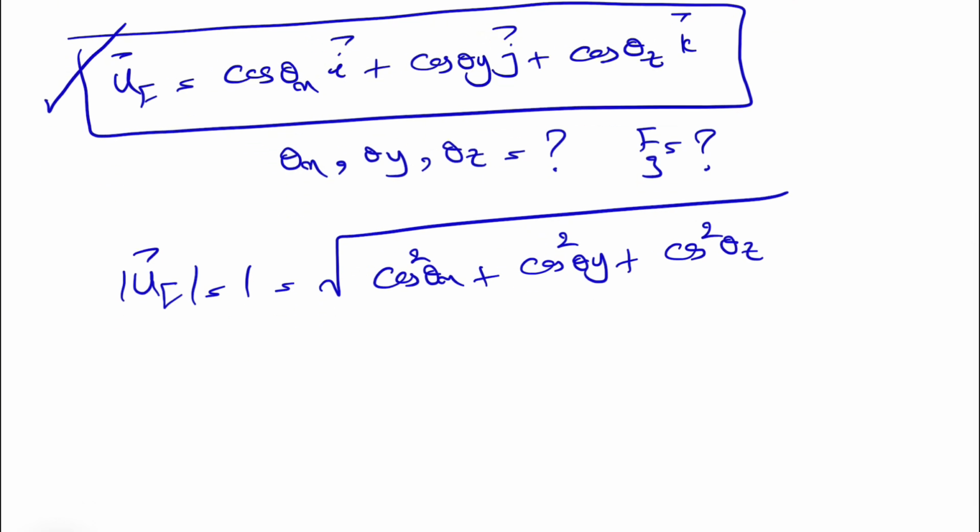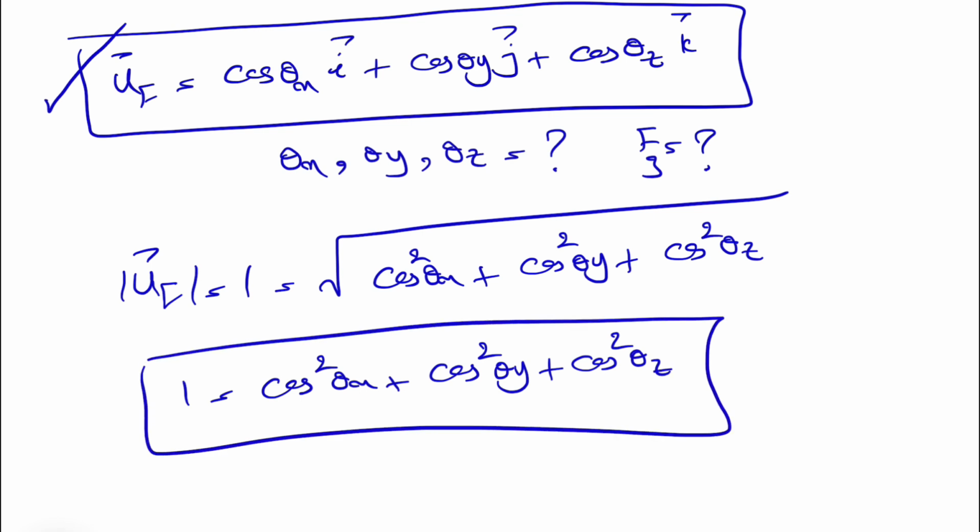We're just going to take the power of 2 on each side, and we'll get to this formula: cosine squared of theta x plus cosine squared of theta y plus cosine squared of theta z is equal to 1, and that would be our fourth equation in order to find the 4 unknowns that we have in here.